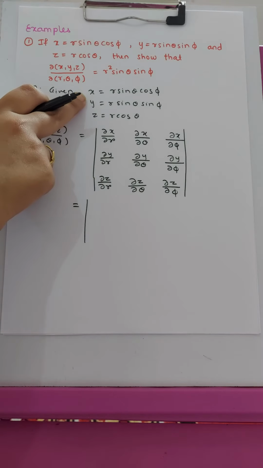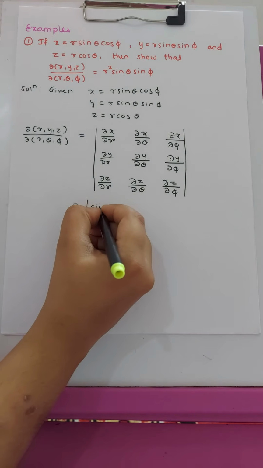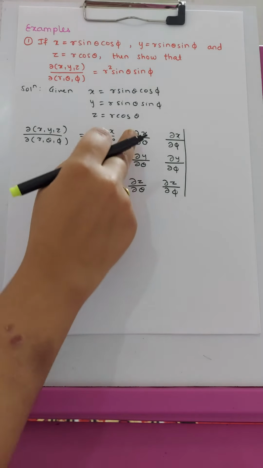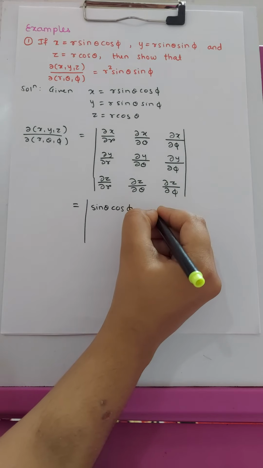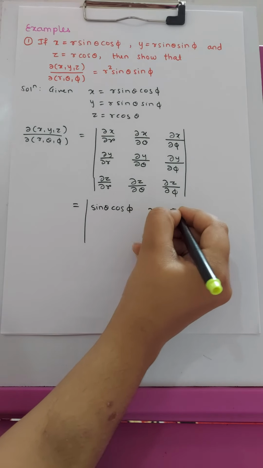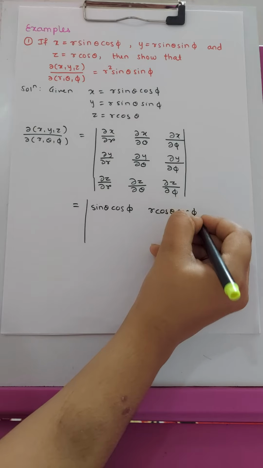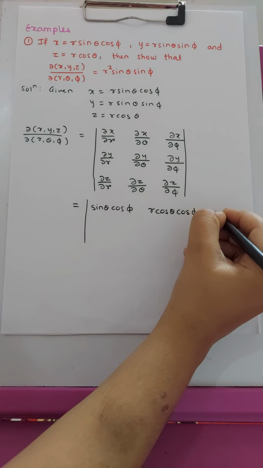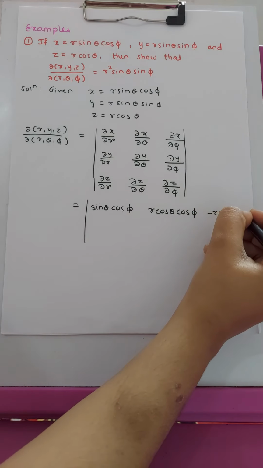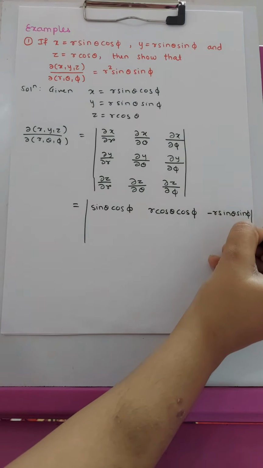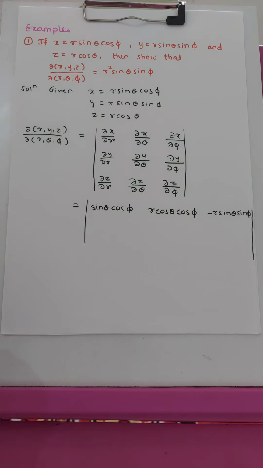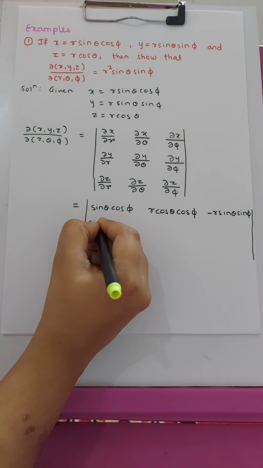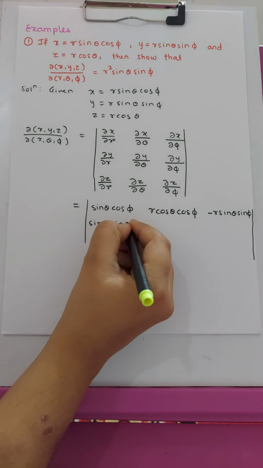The partial derivative of x with respect to r is sin theta cos phi. The partial derivative of x with respect to theta is r cos theta cos phi, and the partial derivative of x with respect to phi is minus r sin theta sin phi. Next, the partial derivative of y with respect to r is sin theta sin phi.